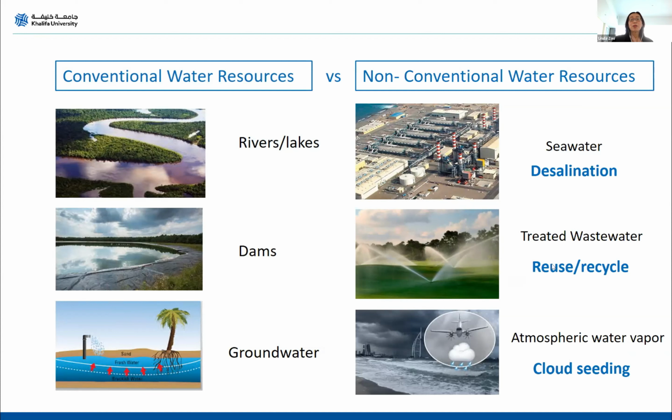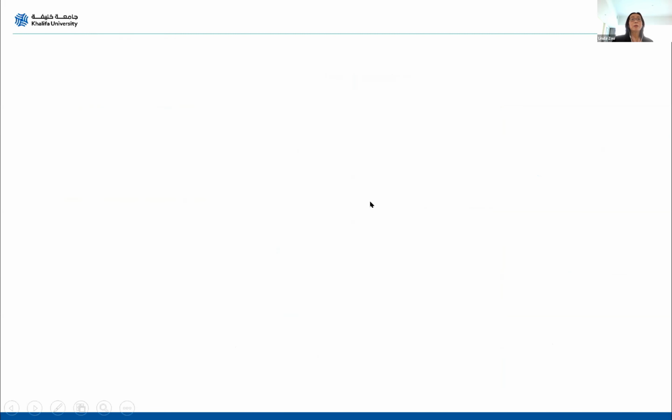Treated wastewater is another good non-conventional water resource, but we need to further treat it to remove low levels of micropollutants in order to reuse and recycle. Another emerging non-conventional water resource is atmospheric water vapor. Through technologies such as cloud seeding or fog catching, we can capture and harvest this important water supply.